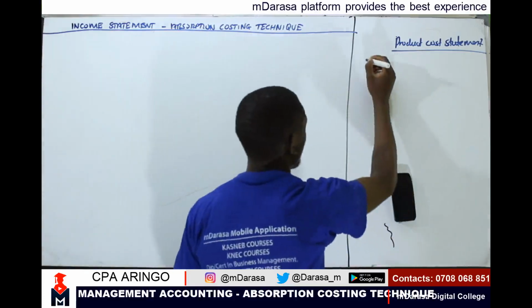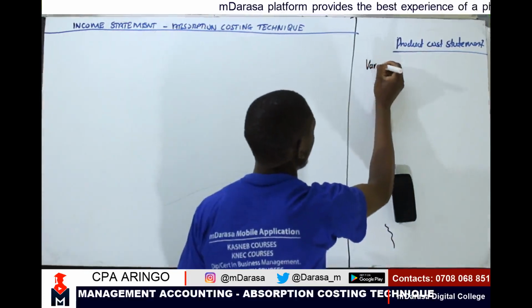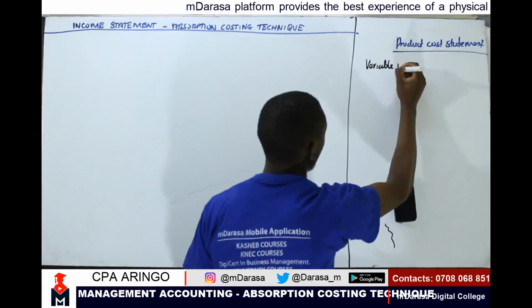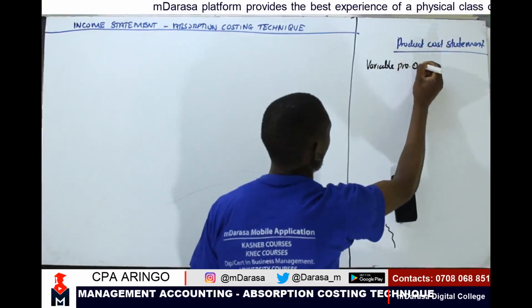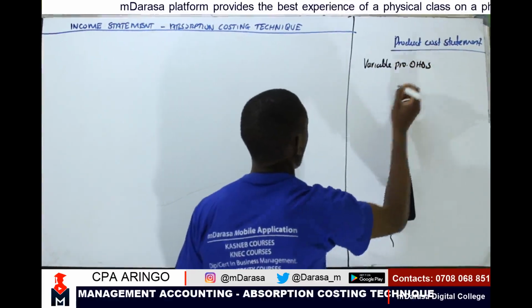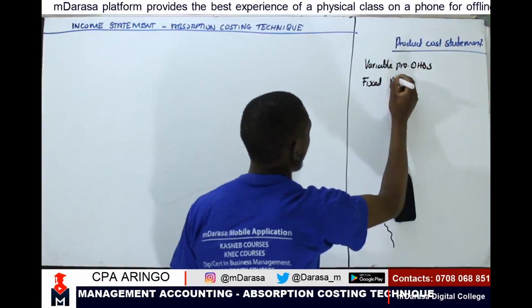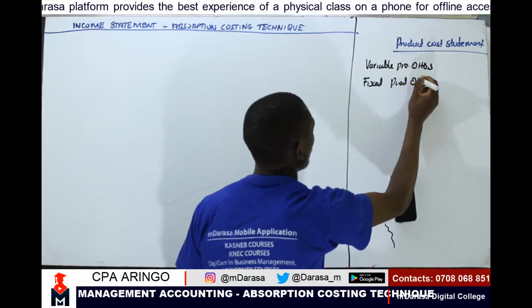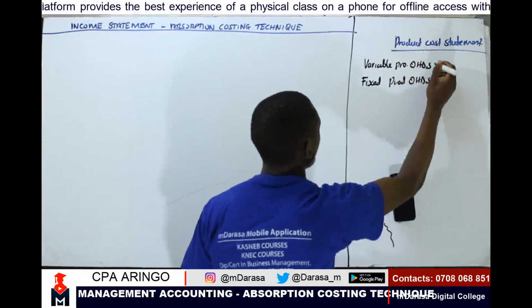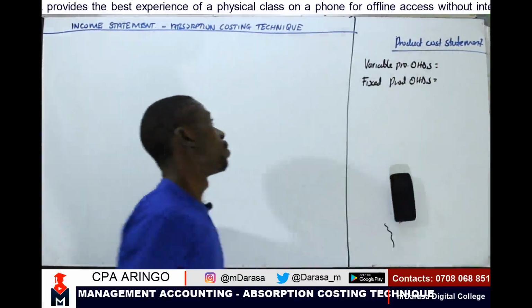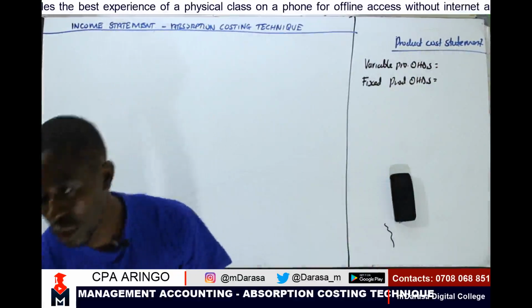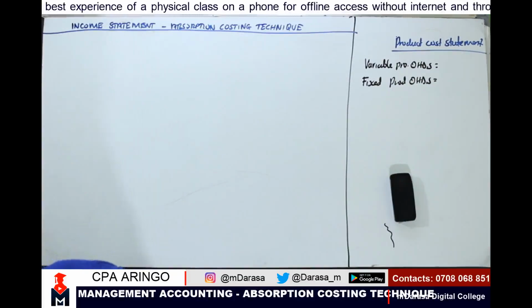So in our case, identifying the variable production OHDs, and also I'm going to take the fixed production OHDs. Coming to our question, are we given these elements?